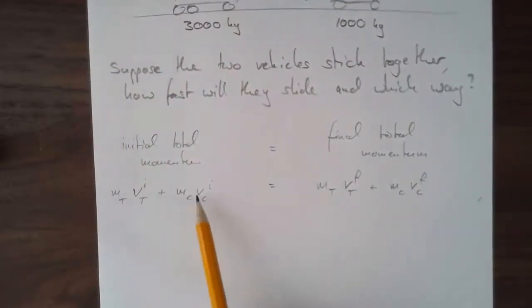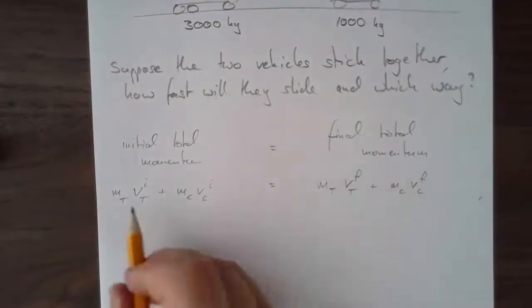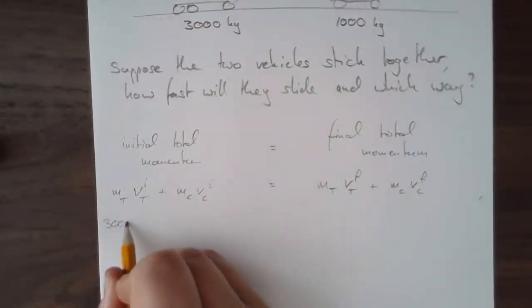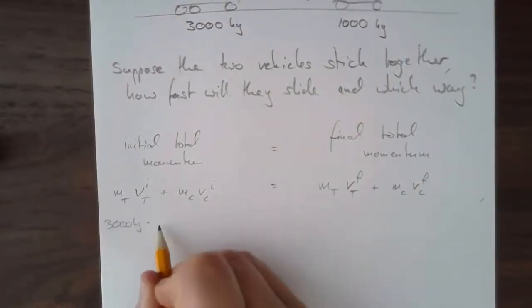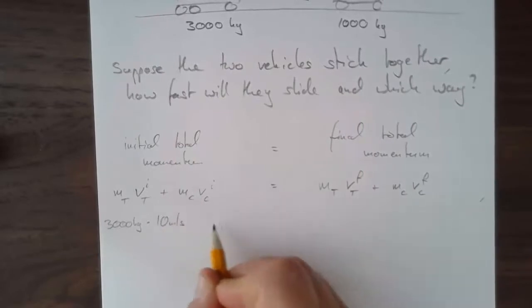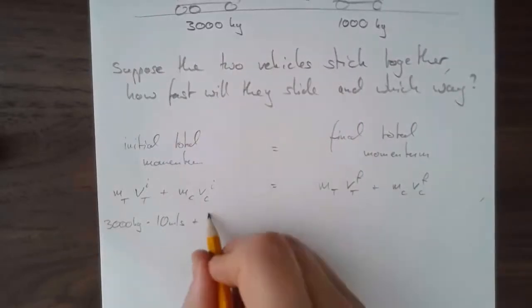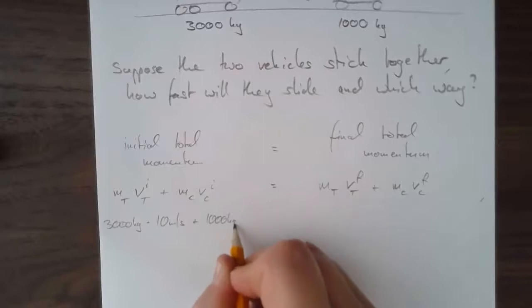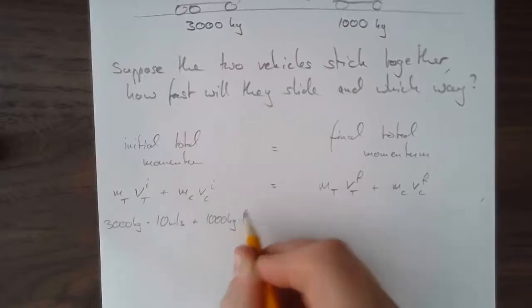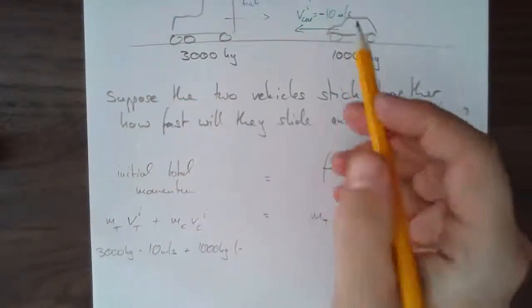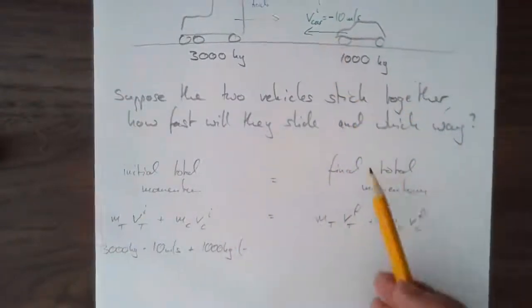So those are values that I have, right? I can actually work this out numerically. Let's plug in the numbers. 3,000 kilograms times 10 meters per second plus 1,000 kilograms times minus, and the minus is important, right? It matters which way the car is going before the collision.